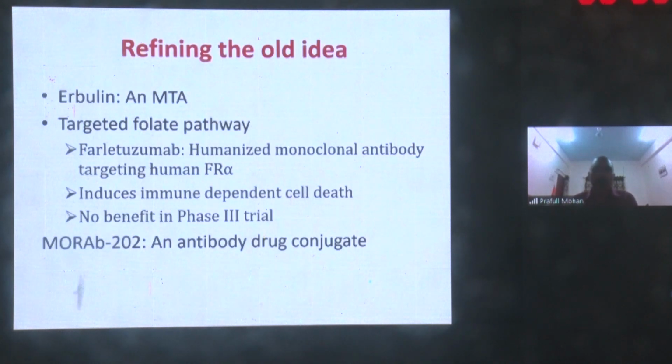So now, refining the old idea, this is a very curious example of an antibody drug conjugate. We know that a lot of drugs are targeted against folate metabolism to treat cancer cells. In fact, folate receptor alpha is overexpressed in a lot of cancers.